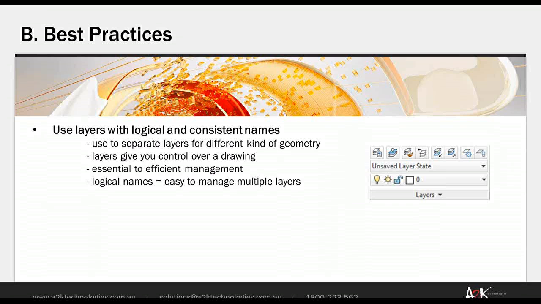I assign logical names to them because it makes it easier to control your drawing when they're all layered in a consistent manner, and it also makes it easier to manage them as well.